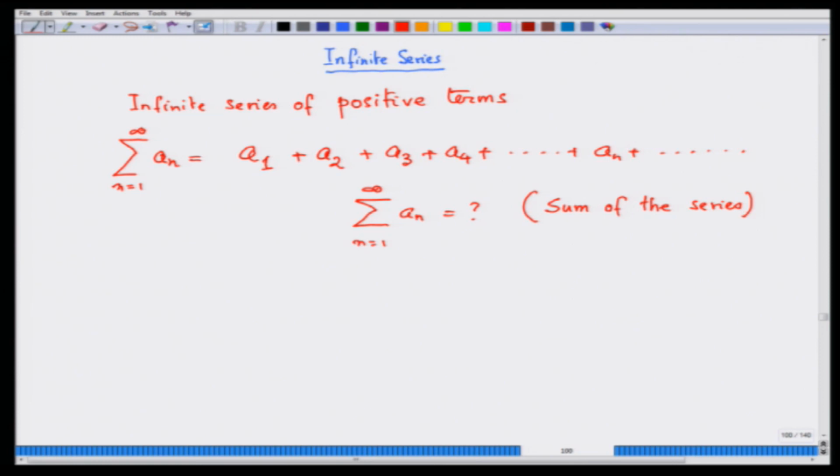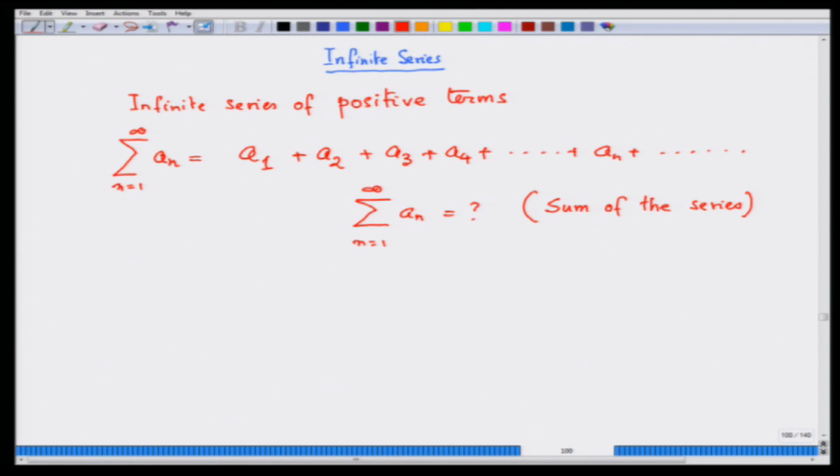Okay. Now, let us note something. How do I actually approximate this sum? If I take just A1, then it is an extremely crude approximation of the whole sum, because there are positive terms. So, the whole sum, if there is something like a sum, it must be bigger than A1. Then I put A1 plus A2, slightly better approximation, A1 plus A2 plus A3, slightly better approximation.